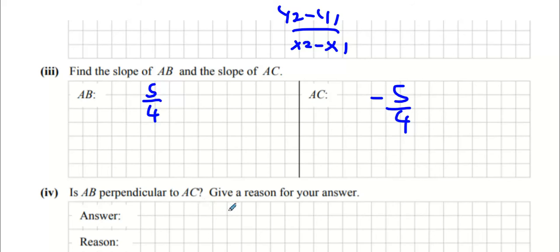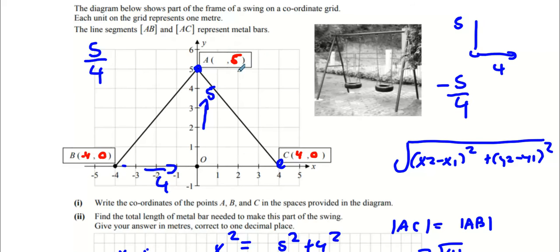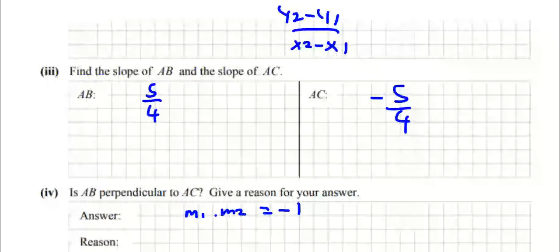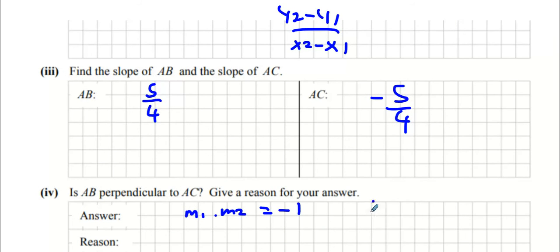Is AB perpendicular to AC? Well, when you multiply them by each other, you should get an answer of minus 1. And if we're looking back at the angle here, this doesn't really make a 90-degree angle. If you look at it really closely, it's not 90 degrees. So it's going to be 4 over 5 multiplied by minus 5 over 4, which is minus 25 over 16.